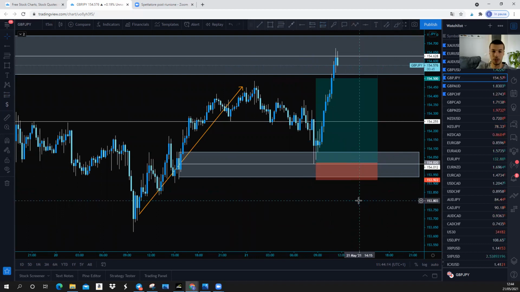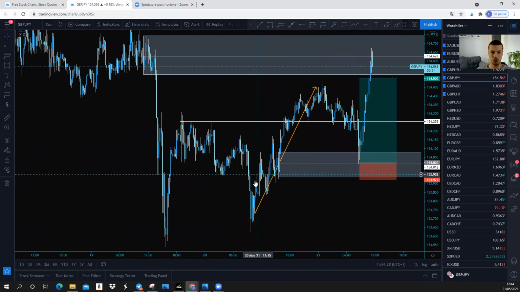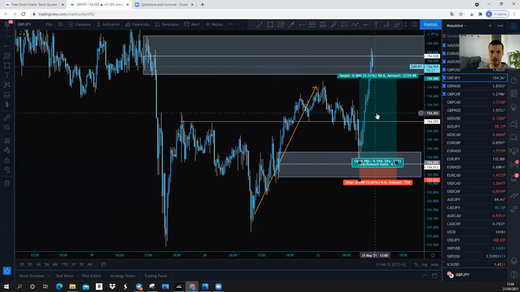So there you go. There are many ways. You can use lower time frames, you can use higher time frames. If you do use lower time frames, what I recommend you to do is maybe start analyzing on the 1 hour and then do your entries and start understanding the market structure on the 1 hour or 30 minutes, and then take your setups on the 5 minutes like this one.